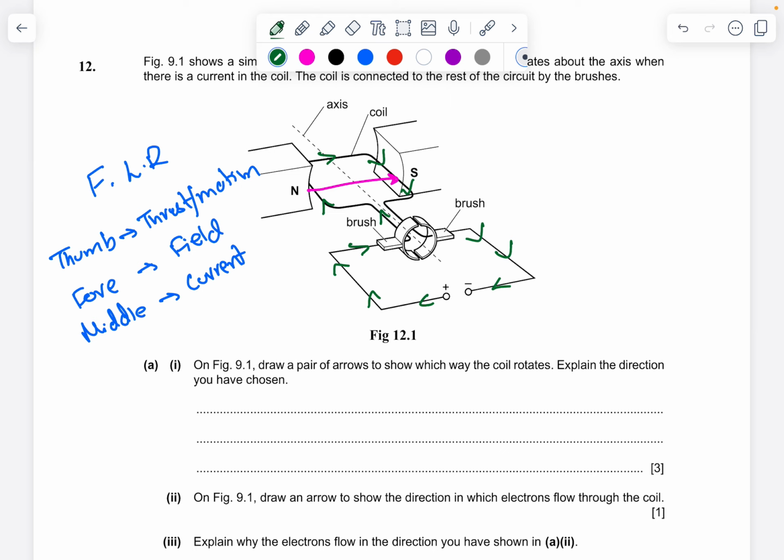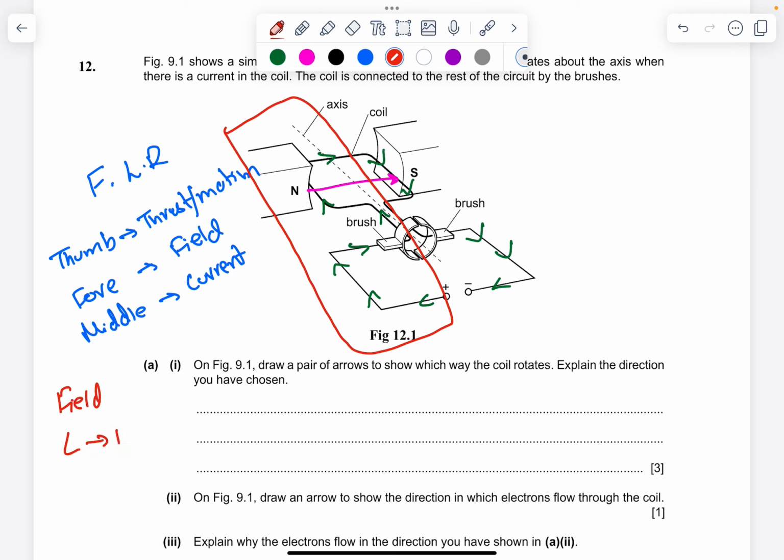So once I take the first half, the left half of the total motor, we can see that the field is going from left to right, and the current is going upwards.